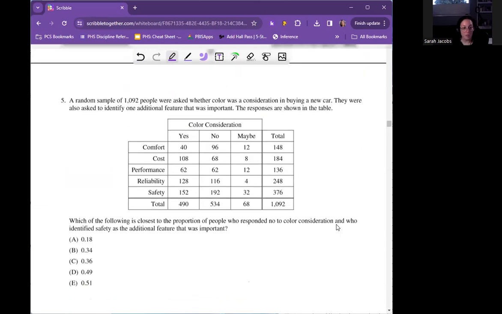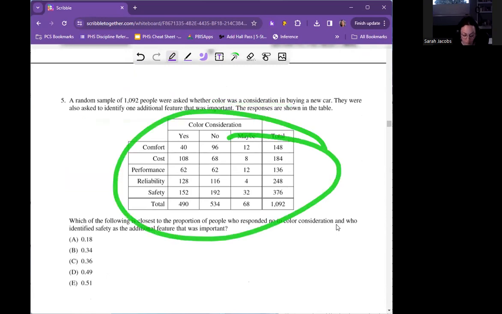Cool. Number 5. A random sample of 1,092 people were asked whether color was important or whether color was a consideration in buying a new car. They were also asked to identify one additional feature that was important. The responses are shown in the table. Okay, so we have a lot of info here.